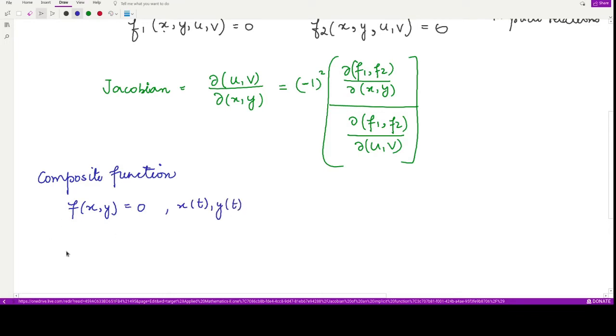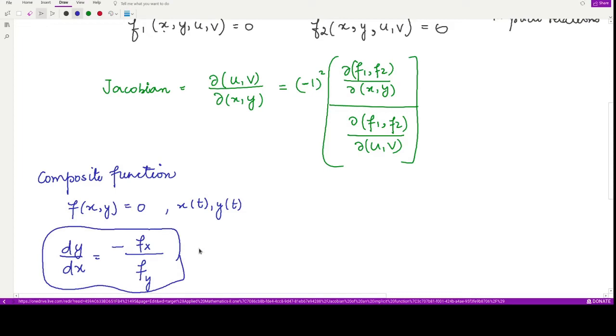Then the derivative dy by dx was equal to minus f of x divided by f of y. This was the formula whenever you have the implicit function. Similar is this formula, where you calculate the Jacobian of f1 and f2 with respect to x and y, and then the Jacobian of f1 and f2 with respect to u and v.